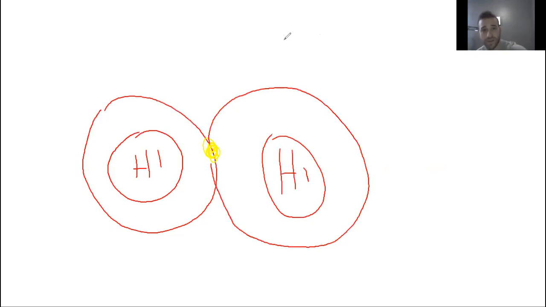So two hydrogen atoms become H2. So we've got two protons, two electrons. The net charge is 0. It's a neutral molecule.